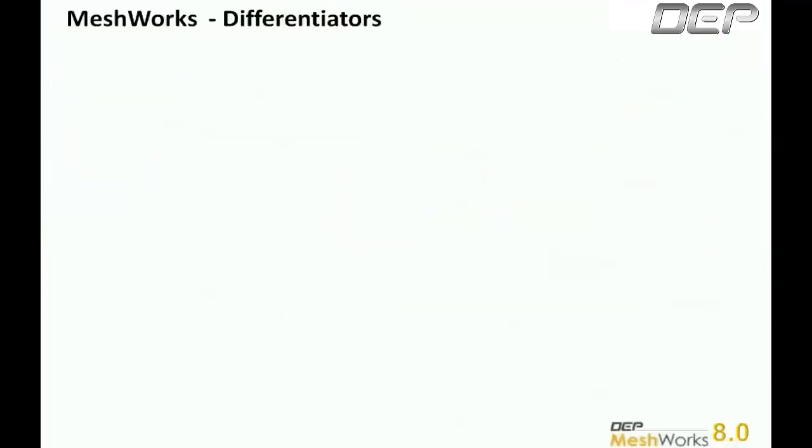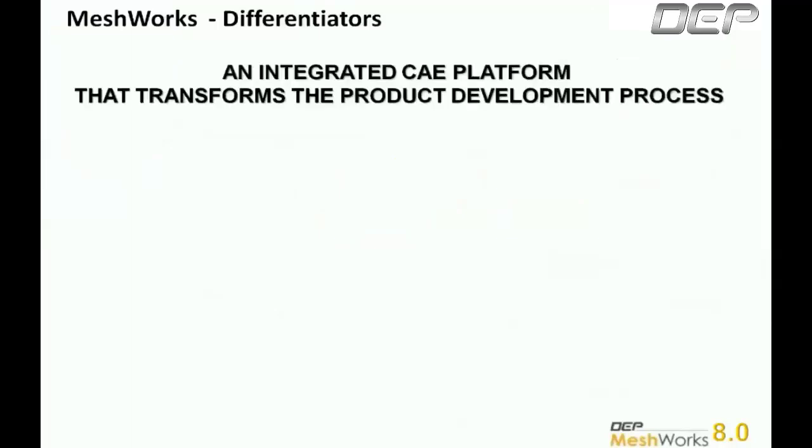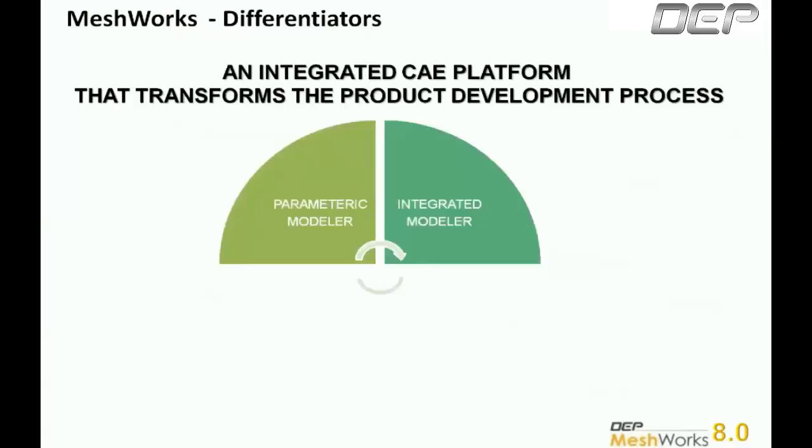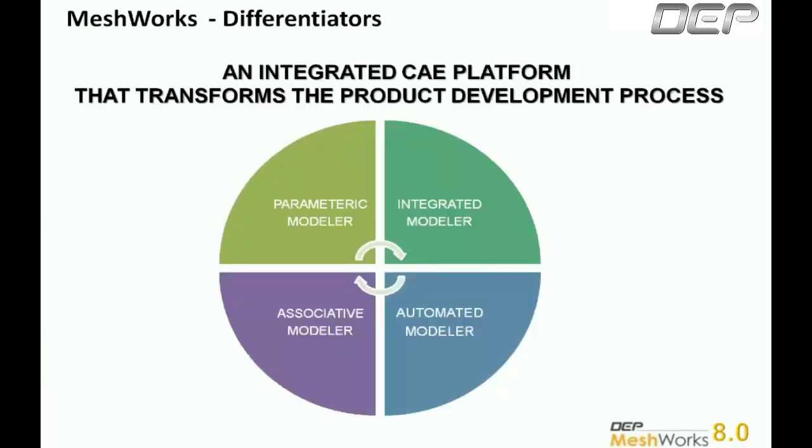Besides that, I would like to take your attention to the key differentiators of MeshWorks. We typically identify them as the 4 pillars of MeshWorks version 8. One important pillar is the integrated modeler, which we are going to see now, as to how it helps the CAE engineer save time.